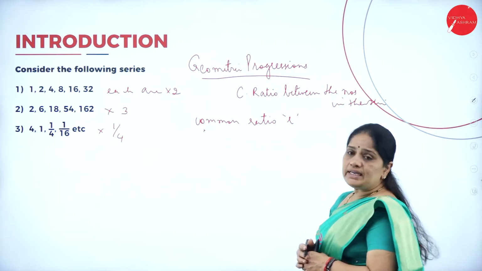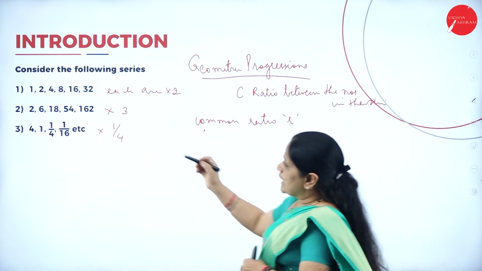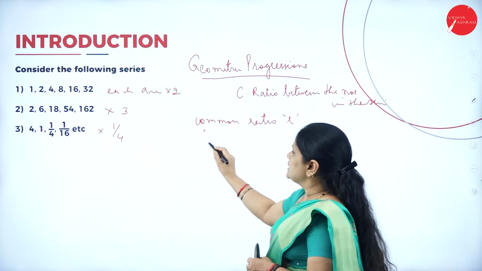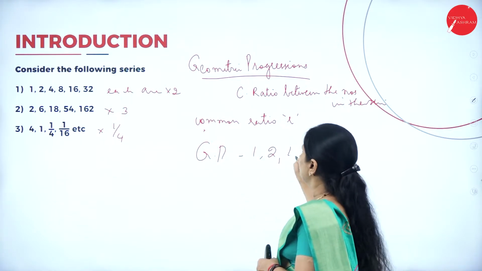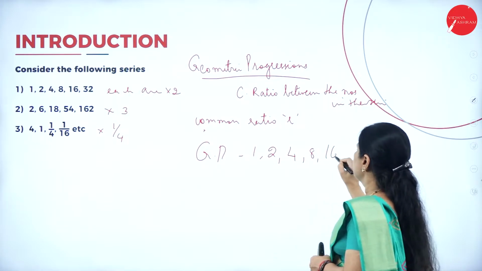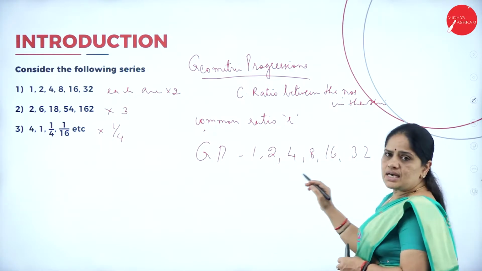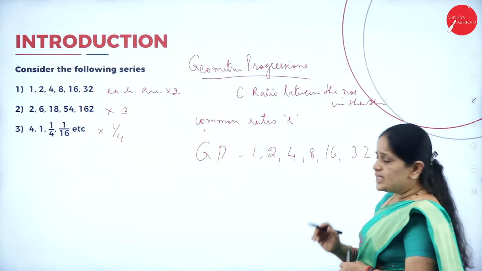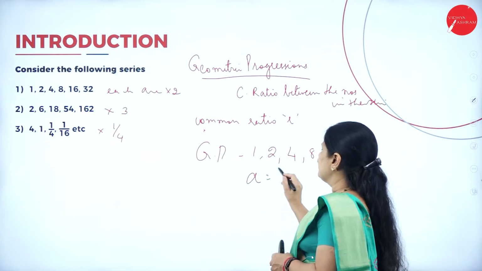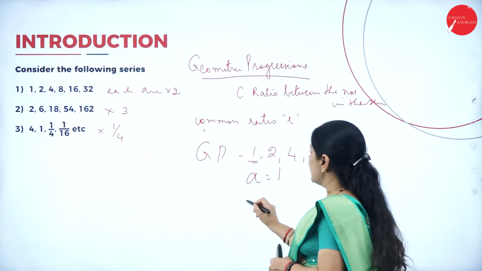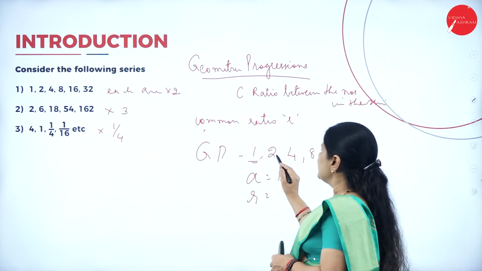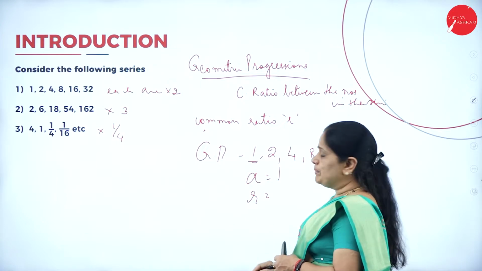Now how do we find the common ratio? Suppose I take this geometric progression as 1, 2, 4, 8, 16, 32. So this is the GP given. Now what is A here? A will always be the first term of the progression. Now what is R? R will be any term divided by the previous term.